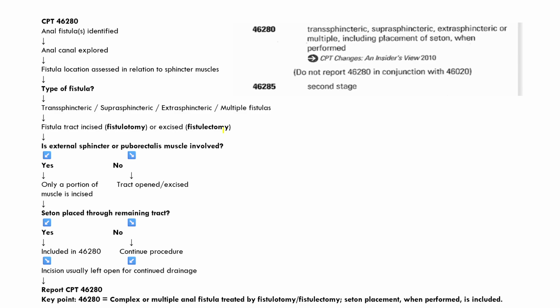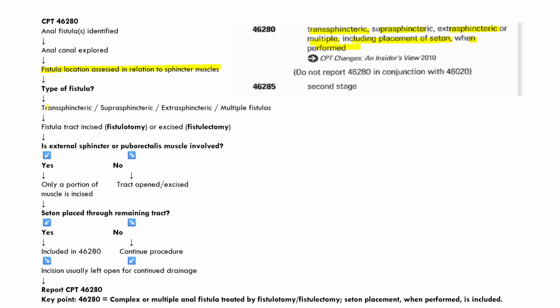Okay, next we have 46280. It is for transphincteric, suprasphincteric, extrasphincteric or multiple fistulas, including the placement of seton when performed. So first you have to identify the fistula location in relation to the sphincter muscles.